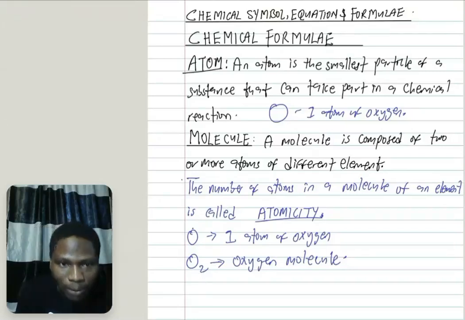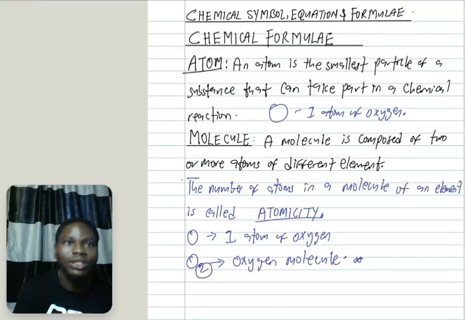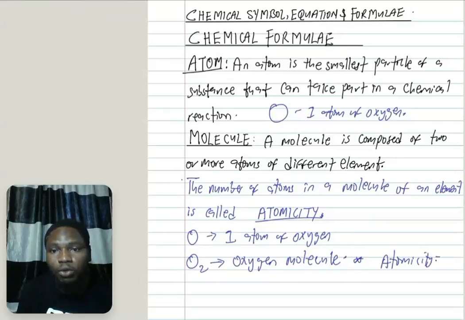How many oxygen atoms do I have? Two. So if they ask you what is the atomicity of the oxygen molecule, that is O2, the atomicity is equal to 2. Atomicity represents the number of atoms in an element. That's just it.